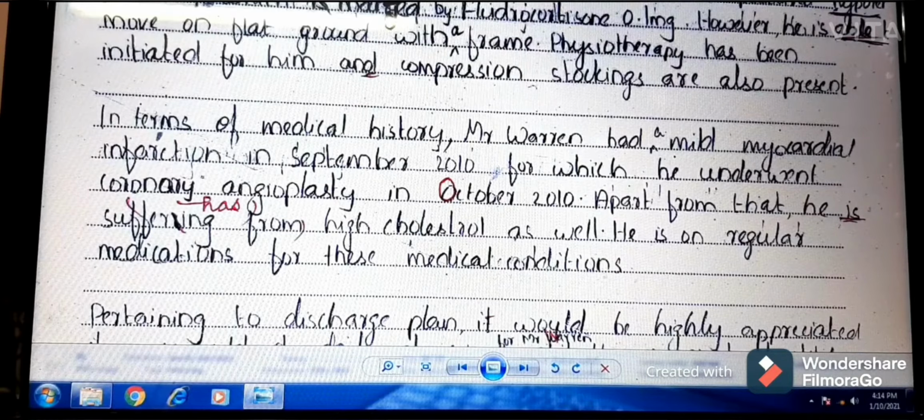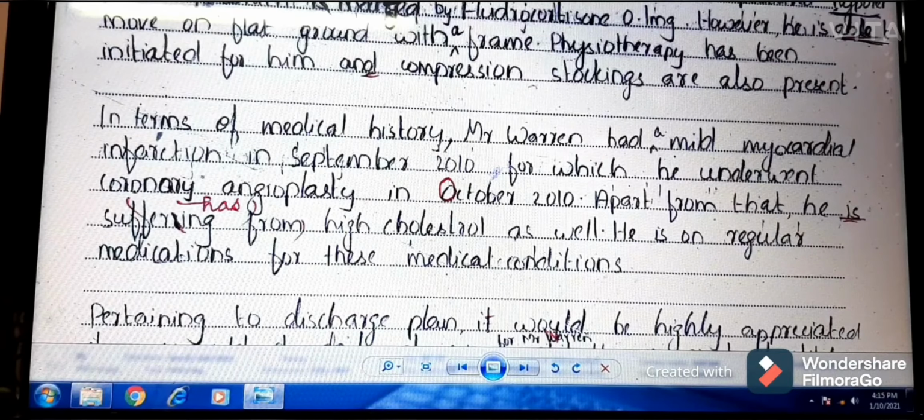Such judgments or opinions are not positive in OET. When we say a person is suffering from, that means a person's life is negatively affected by that sickness. This is a person 72 years old, and of course that sickness, or high cholesterol, might have affected his life.